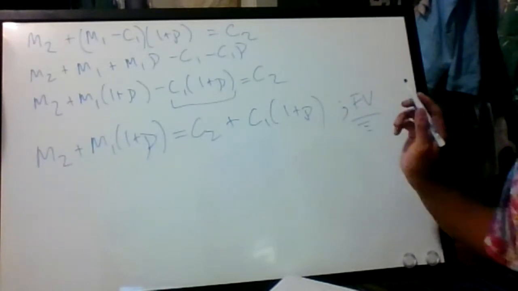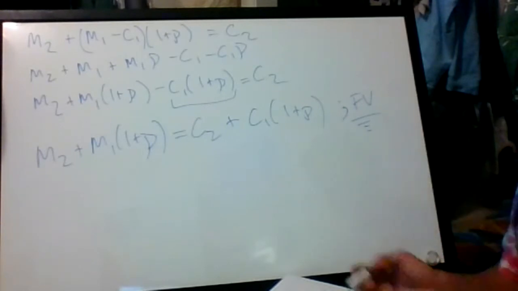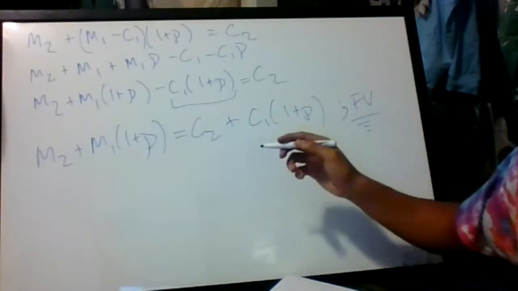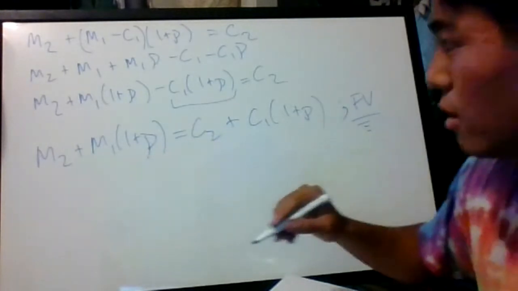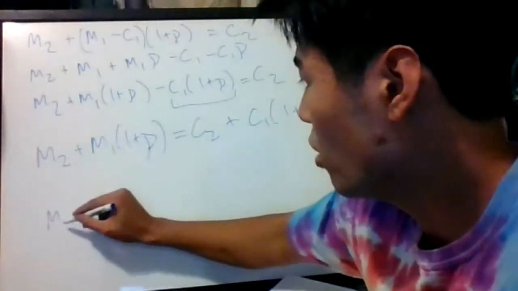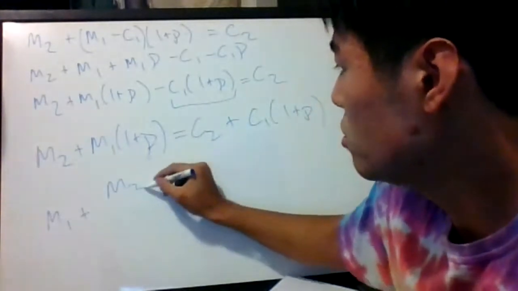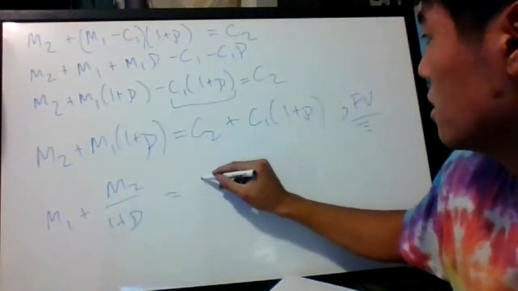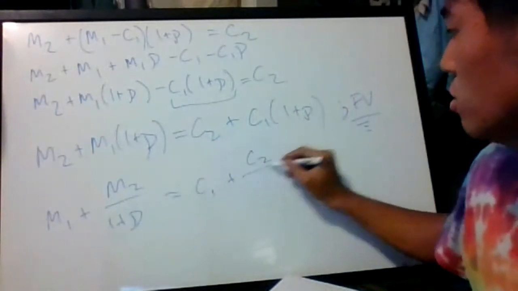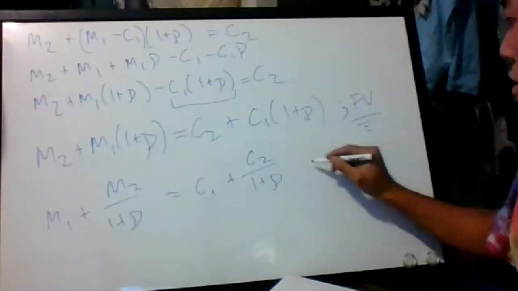What I will say though is that this is not the equation that we're going to be working with most of the time. The equation that we're going to be working with most of the time is if you divide everything through by 1 plus rho. What you get is M1 plus M2 over (1 plus rho) is equal to C1 plus C2 over (1 plus rho).